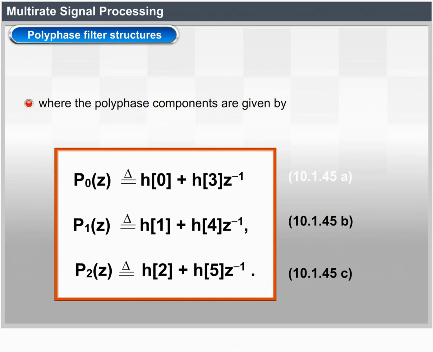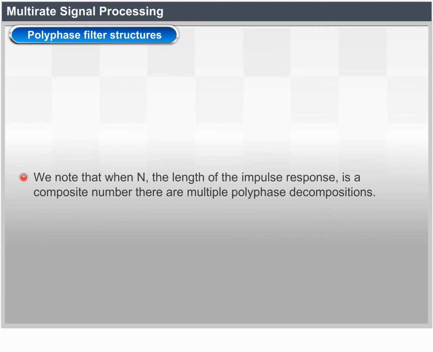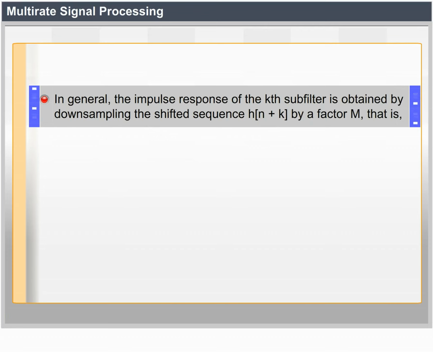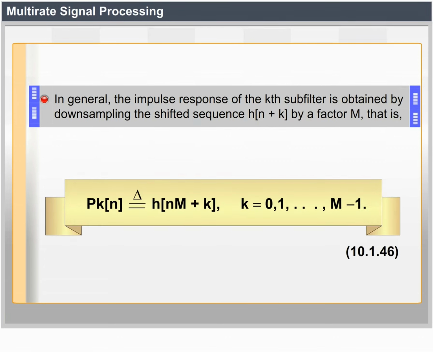We note that when N, the length of the impulse response, is a composite number, there are multiple polyphase decompositions. In general, the impulse response of the kth subfilter is obtained by downsampling the shifted sequence h(n + k) by a factor M, that is p_k(n) ≈ h(nM + k), where k = 0, 1, etc.